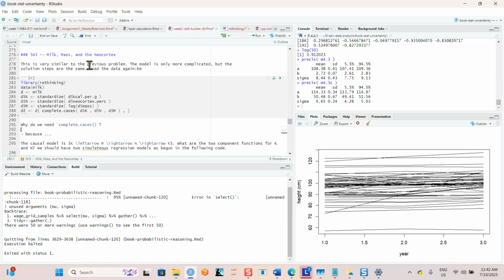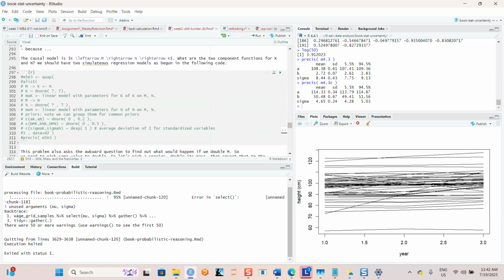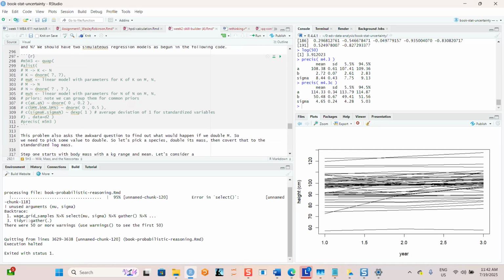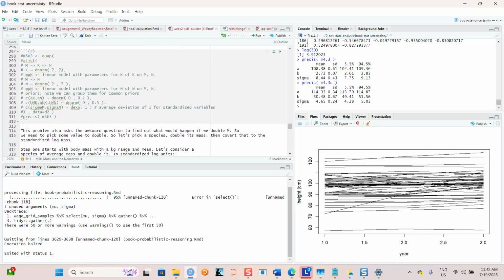Again, same sets of ideas. Let's see, what do I have here? You have a prior, got all sorts of things we could use. In this one, we have a model of M and N influencing K.